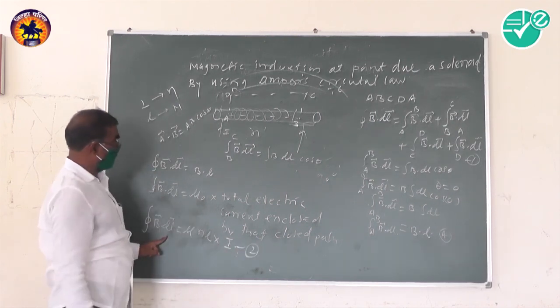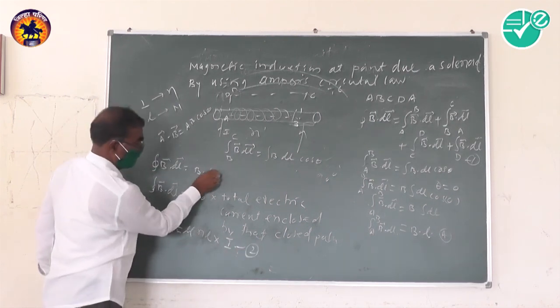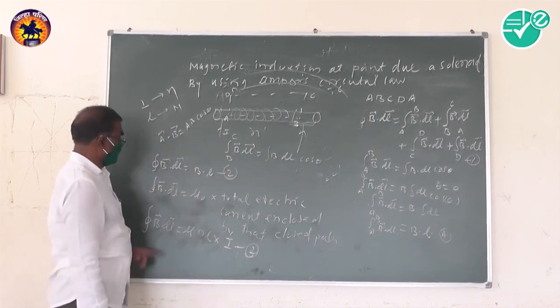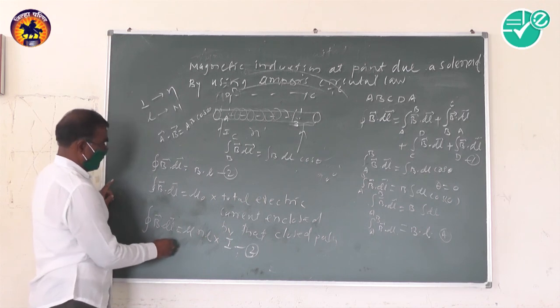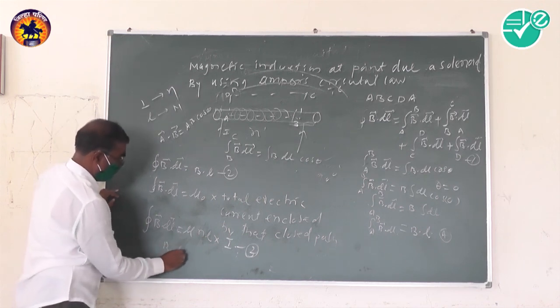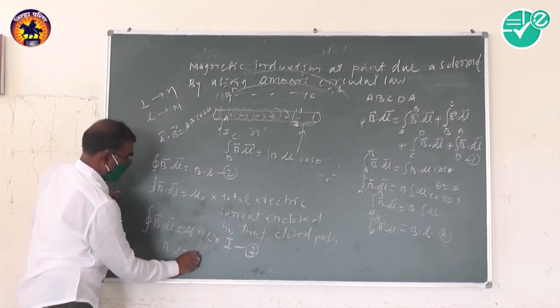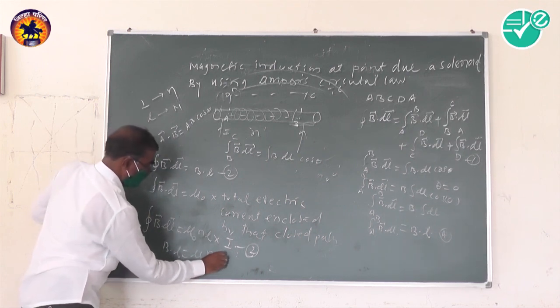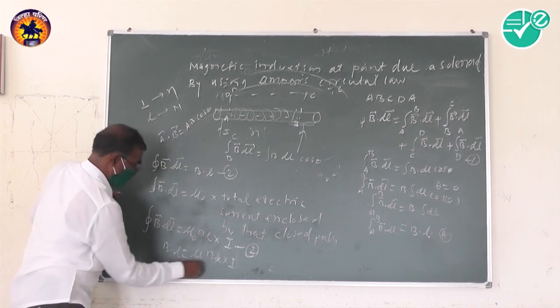Comparing equations 2 and 3, BL equals mu 0 N I. L gets cancelled.